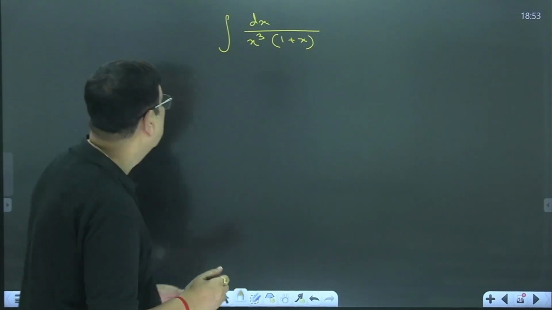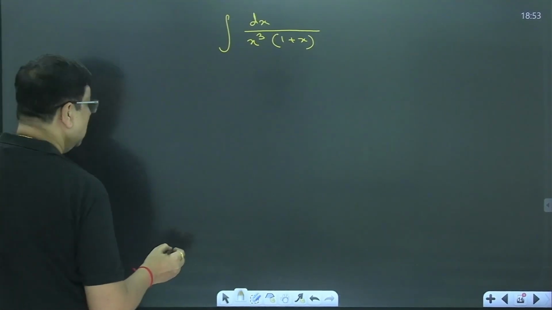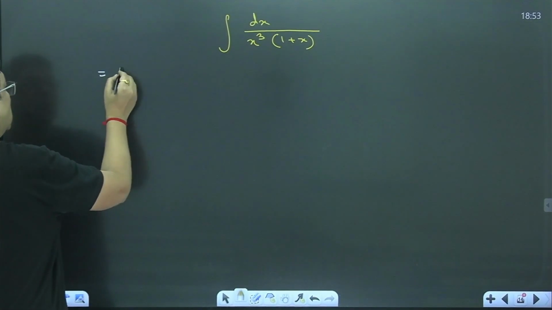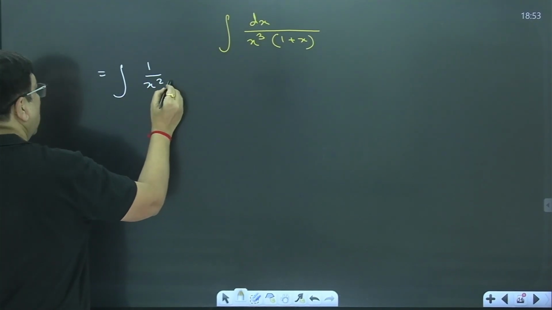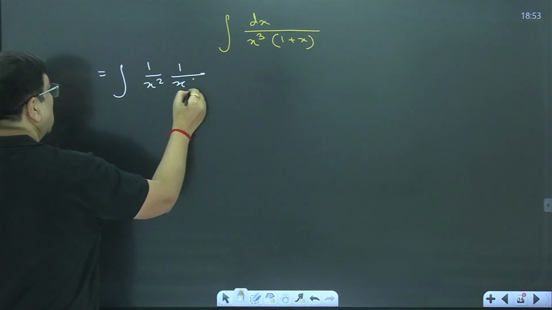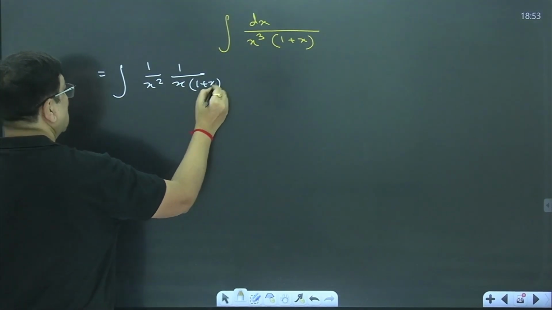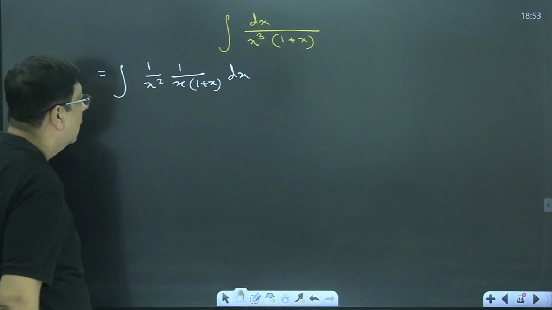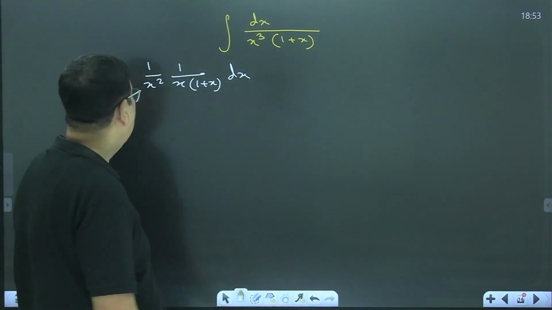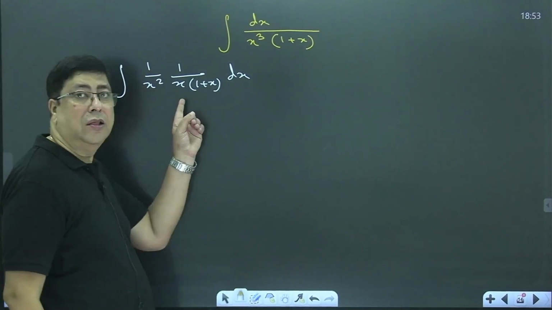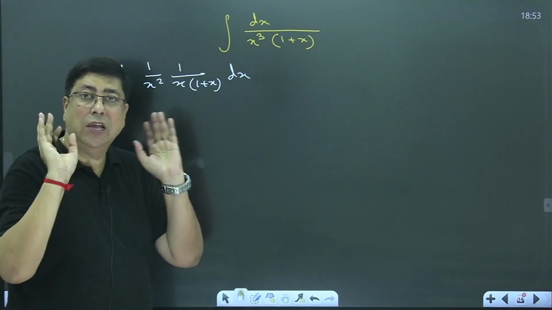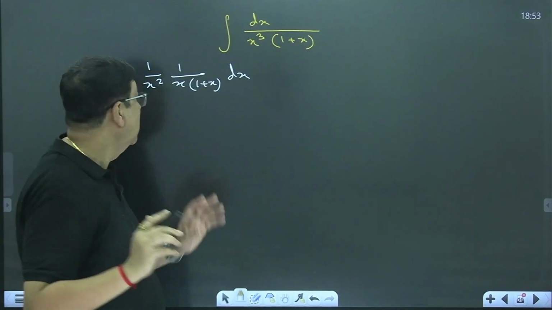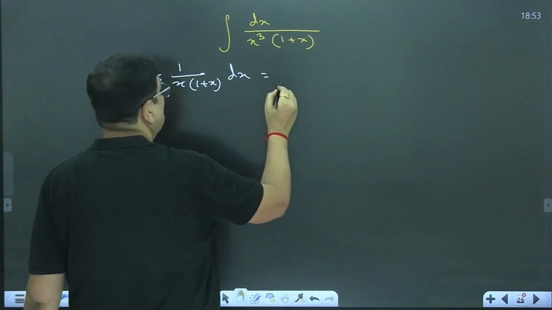So let's see. First of all, at every stage our target is to go to cancellation. So x square into 1 by x into 1 plus x dx. Now I am just separating this portion. I'll partially separate, but without using A by B by C by, so that our time will be saved.